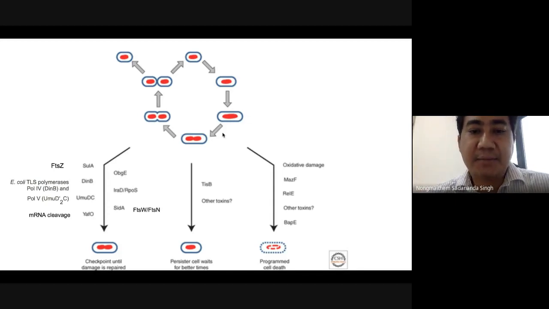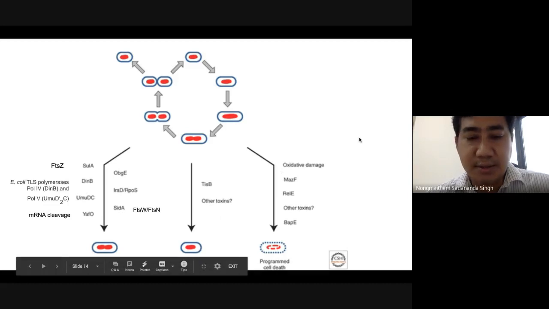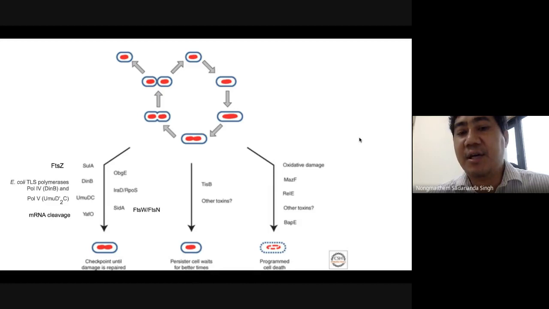Or another way, depending on the cell stage, it can also induce certain types of response just to make the cells inactive and let them wait for a better or compatible situation to come, and then divide later on.